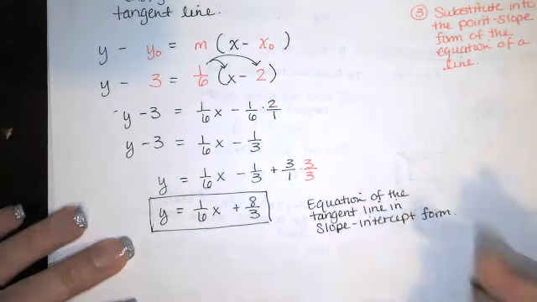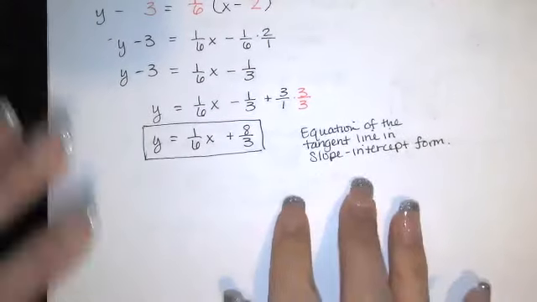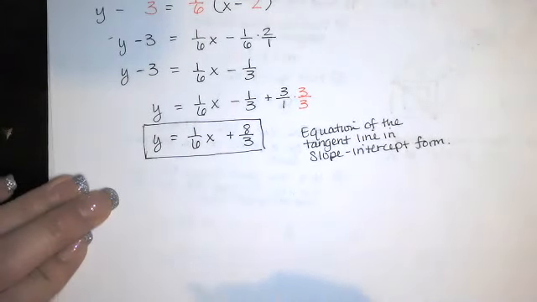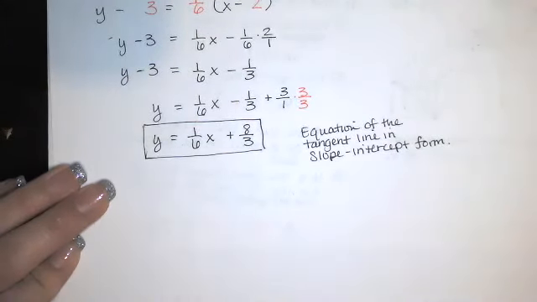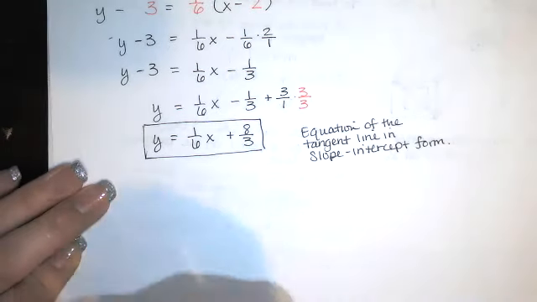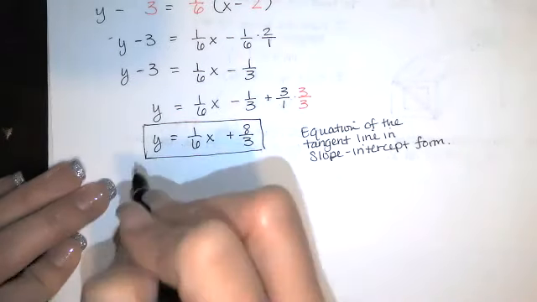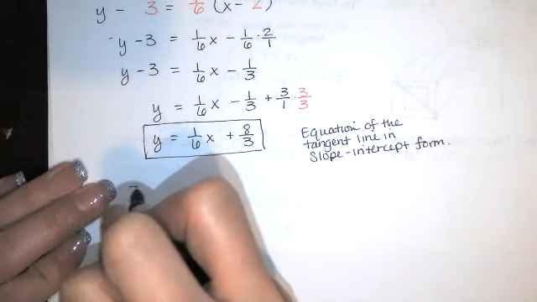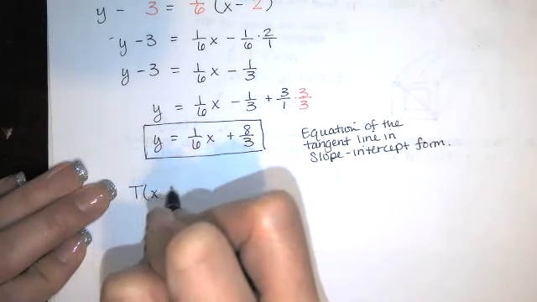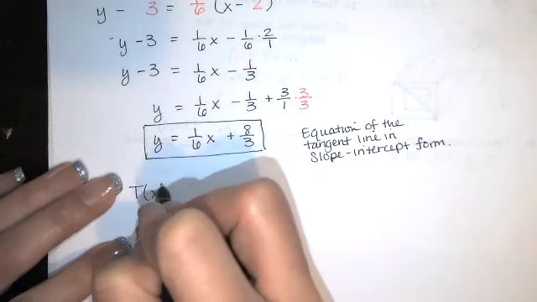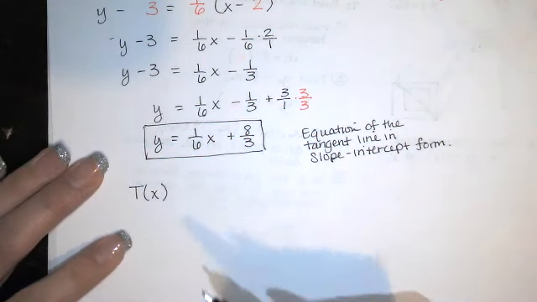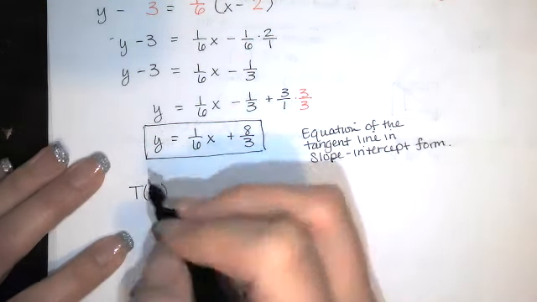Okay, now when Larson and Edwards, the authors of our textbook, ask you for the tangent line approximation, they don't usually use y equals mx plus b form like this. They solve for y, and then they replace y with t of x. I think they're using t of x to represent tangent line approximation.